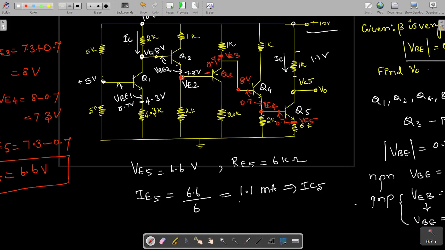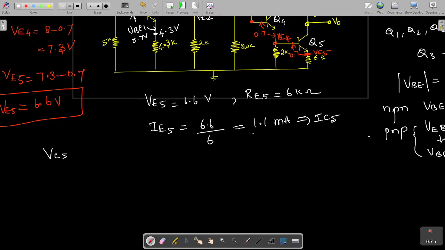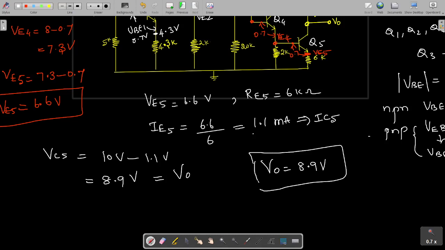The supply voltage is 10 volts, and after that you have a voltage drop, so after that you have this VC5. So what is your VC5? If you check, VC5 is equal to this 10 volts minus this 1.1 volt. So it is 8.9 volt. This VC5 is nothing but our V0. So the answer is V0 is equal to 8.9. This is our answer.